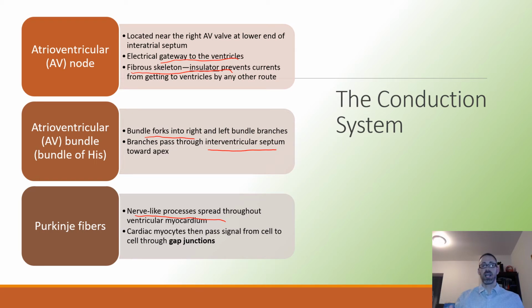The Purkinjes are intertwined through all the ventricular myocardium at the apex and up the sidewalls, and that's going to very quickly send action potentials to the cardiac myocytes, and send that signal via gap junctions with the cardiac myocytes in the ventricles. That'll initiate contraction at the apex, and then as the lateral walls become activated, they'll contract as well. So the sequence goes from apex towards the base.